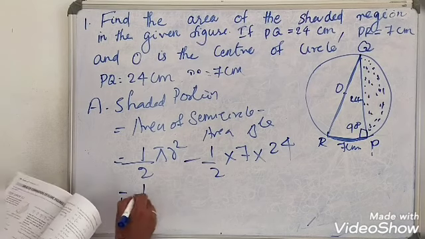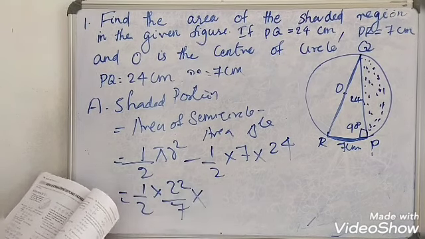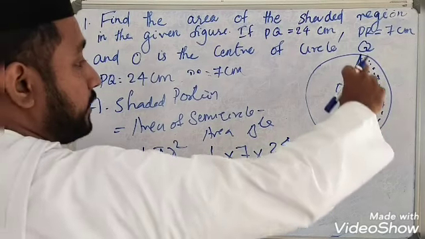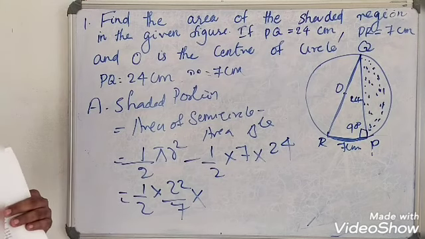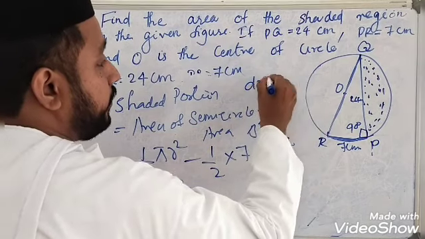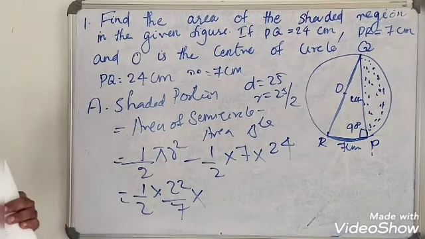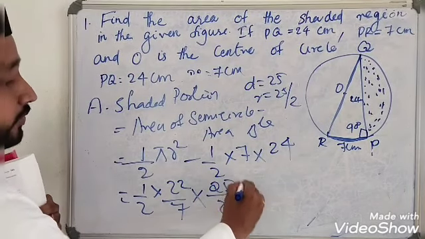That is half into pi, which is 22 by 7, into radius square. Radius of the circle: we have this length 25, that is diameter. Therefore the diameter D is equal to 25. Radius is equal to 25 by 2.